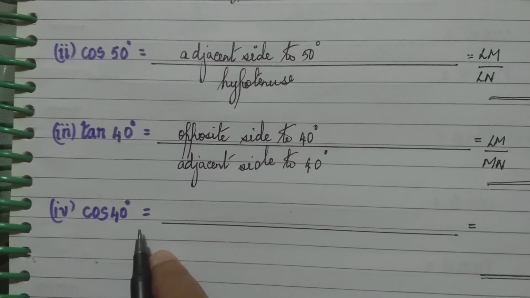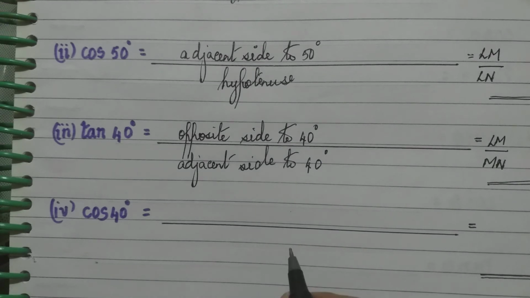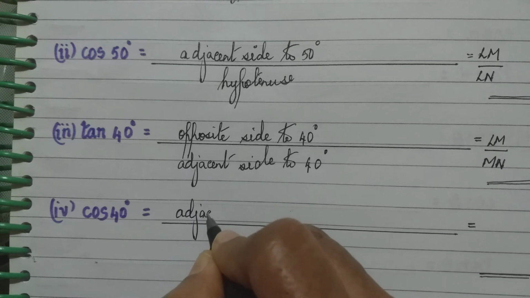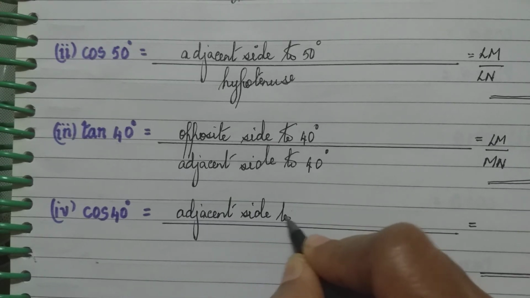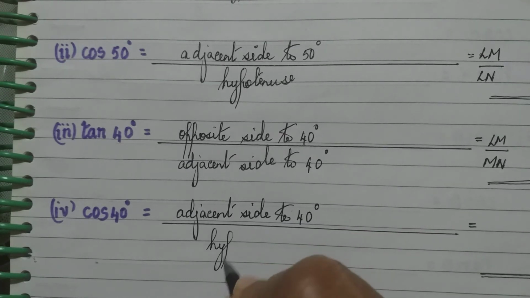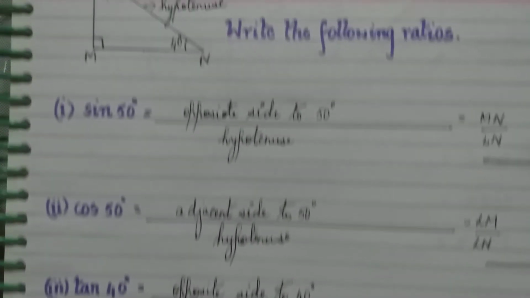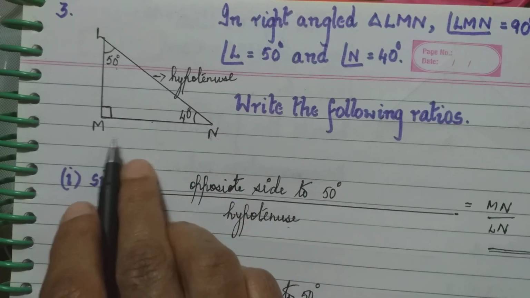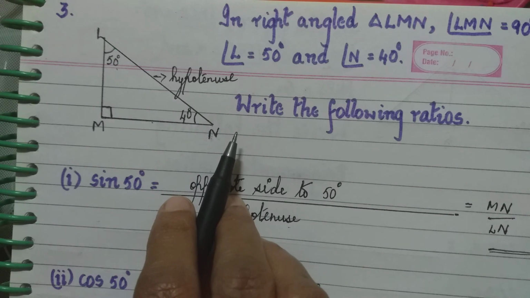Now going to cos 40 degrees. It is adjacent side to 40 degree upon hypotenuse. Adjacent side to 40 degree upon the hypotenuse. So we look at the figure and see which is the adjacent side to 40 degree, that is MN, and the hypotenuse is LN.